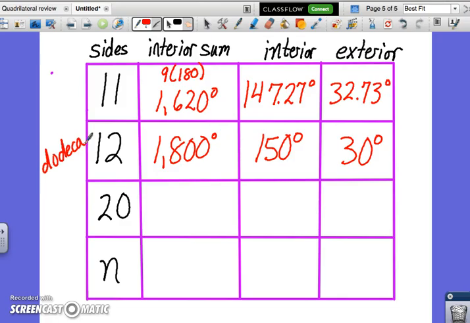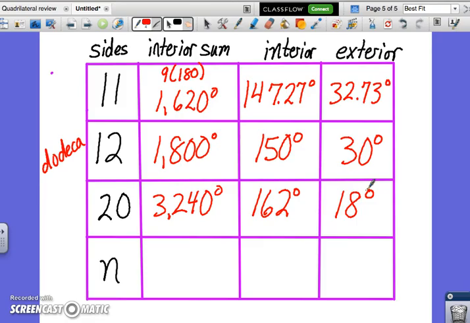You might see a 12-sided, but dodecagon is usually the name given to this one. Now, a 20-sided is going to be 18 times 180, so this one is 3,240 degrees. That means each interior is 162 degrees, and each exterior is 18 degrees. We would simply call it a 20-gon.